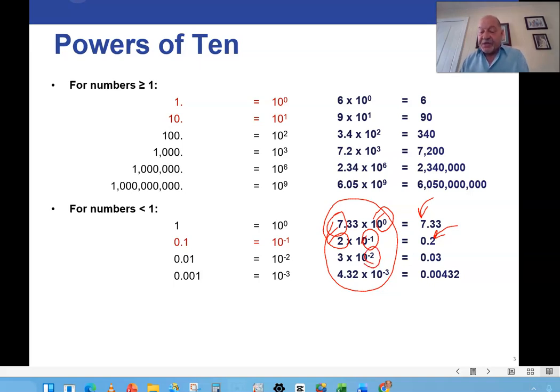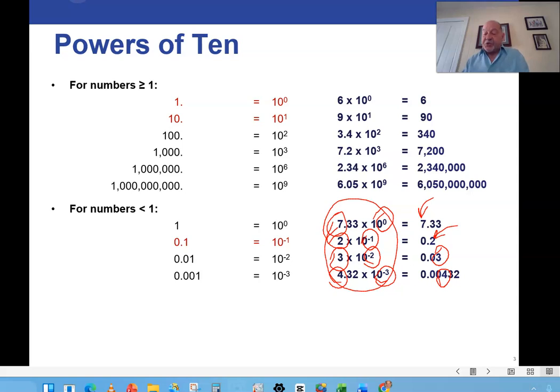When the power is negative 2, the 3 starts in the second position after the decimal place. And when the power is negative 3, the 4 starts in the third position after the decimal place, the quote-unquote negative 3 position. And then you just put all the other digits in there.